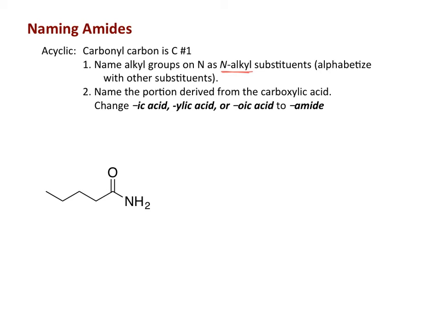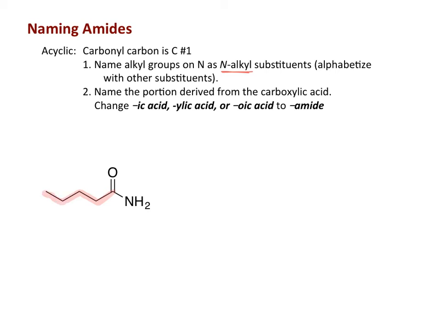Then, since it's a derivative of a carboxylic acid, you're going to change the IC acid ending, YLIC acid or oic acid ending to amide. And we'll see some different examples. Depending on what the ending is, you have to make a choice of what you have to drop. So in this case, this is just a simple one.